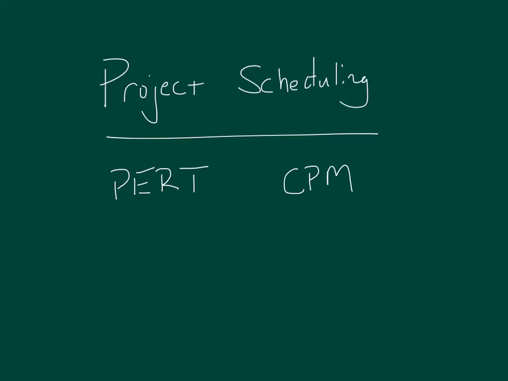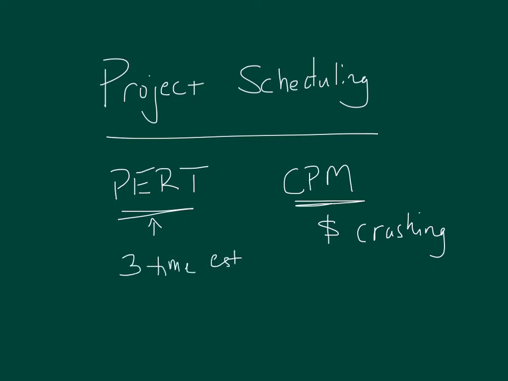Historically, they were both invented, I guess is the right word, in the 1950s. CPM is looking at dollars, and crashing is historically where it's been. PERT is more of the 3-time estimate that we're going to talk about.